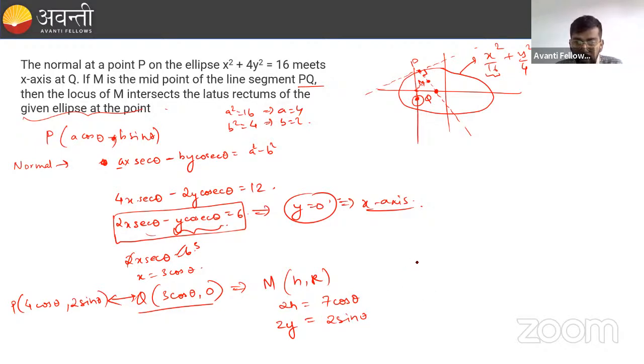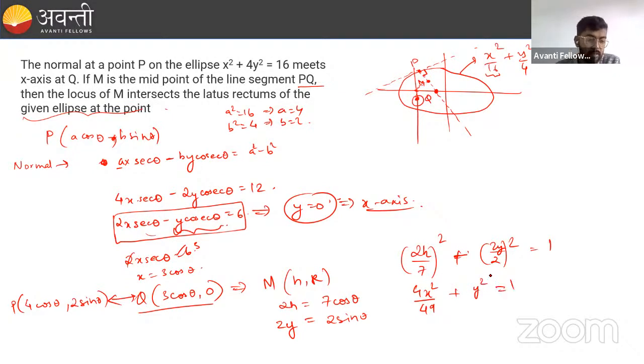So we can write here (2h upon 7) whole square, which is cos square theta, plus (2k upon 2) whole square, which is sin square theta, equals 1. So we get here the equation 4x square upon 49 plus y square equals 1.